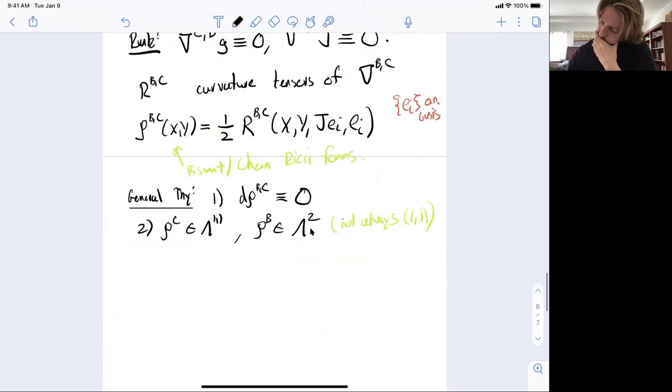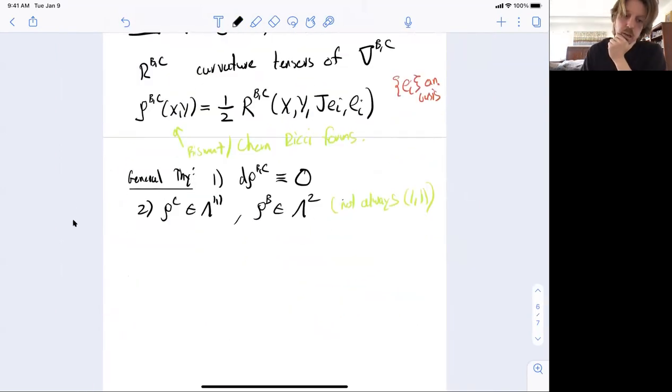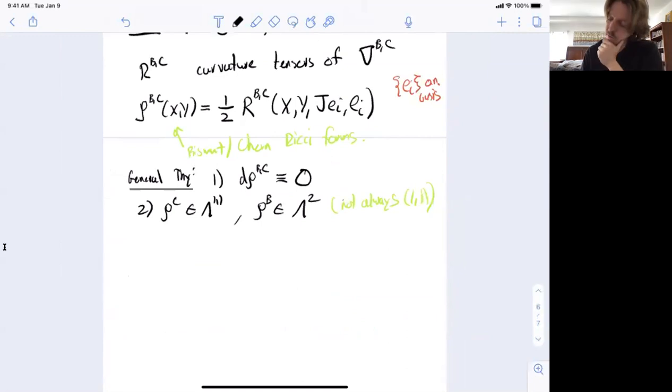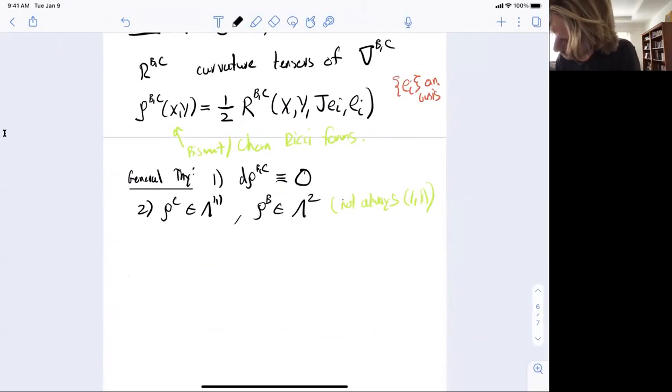So with these curvature objects around, I can at least abstractly give the definition of pluriclosed flow.